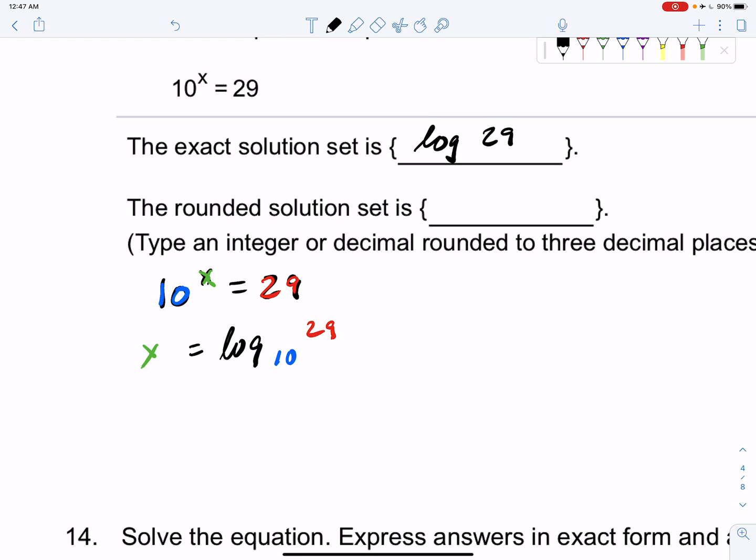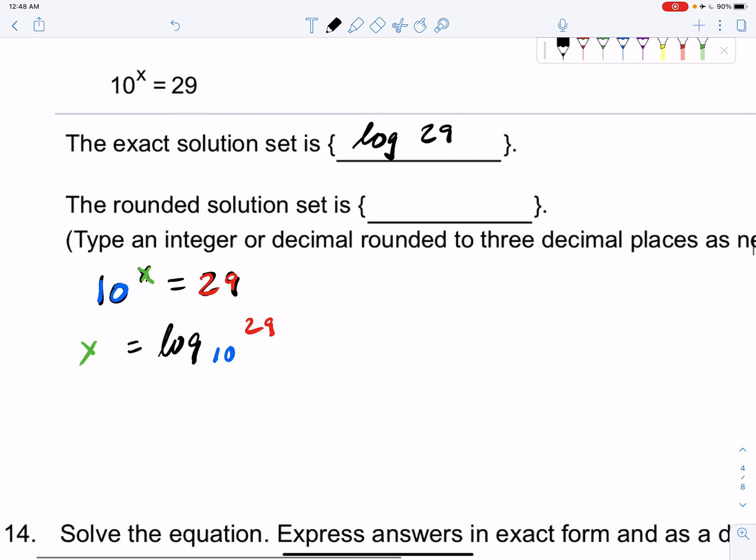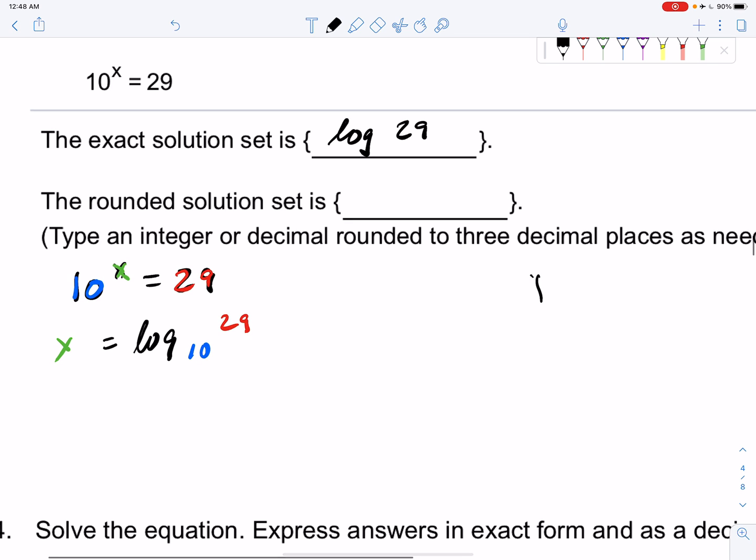Now we do have the log base 10 button on our calculator known as a common log. So you just punch it in. You type in 29 and hit enter and round it to 3 decimal places. And we get 1.462.